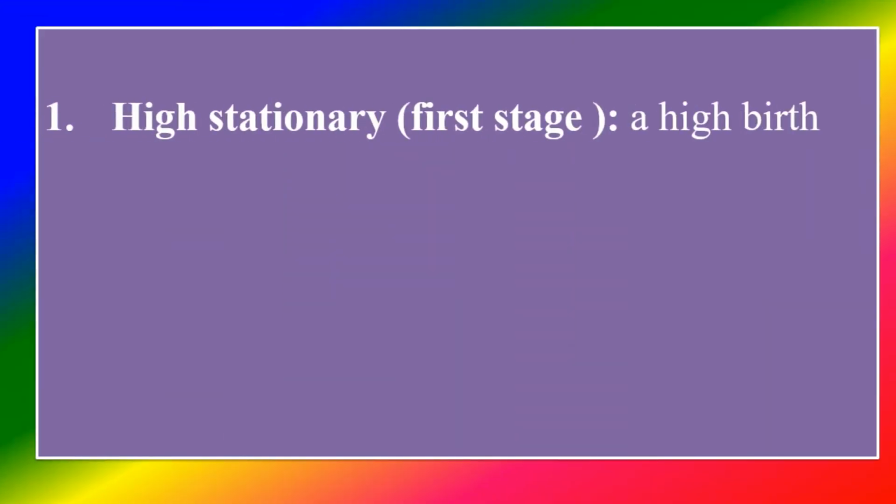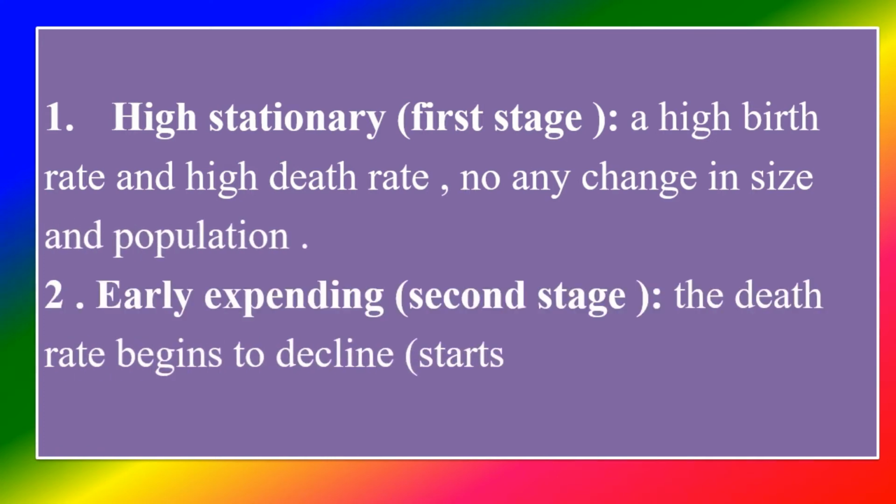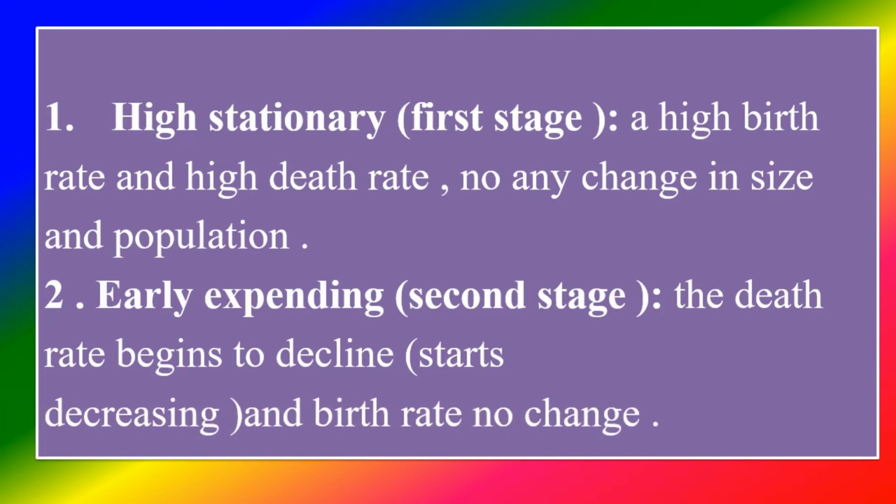Explanation follows. First, high stationary, first stage: high birth rate and high death rate, no change in size of population. Second, early expanding, second stage: the death rate begins to decline, and birth rate shows no change.